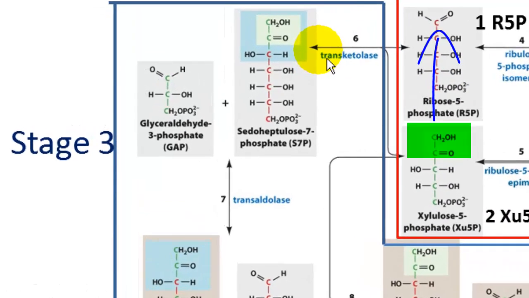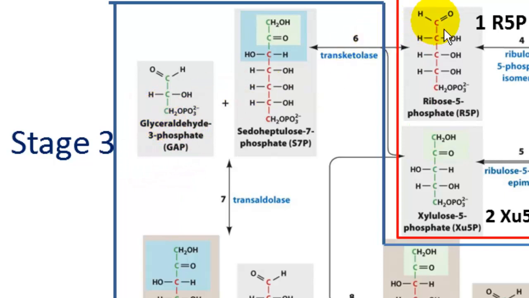Essentially what's happening is that this C double bond O CH2OH, those 2 carbons, are being transferred to the number 1 carbon, or the anomeric carbon, of ribose 5-phosphate to give you a 7-carbon sugar known as sedoheptulose 7-phosphate. When carbon 1 and carbon 2 of xylulose 5-phosphate get transferred, you're left with a 3-carbon molecule, glyceraldehyde 3-phosphate.